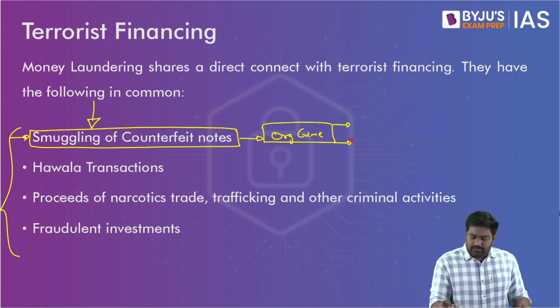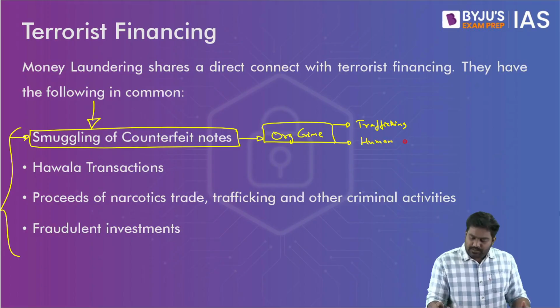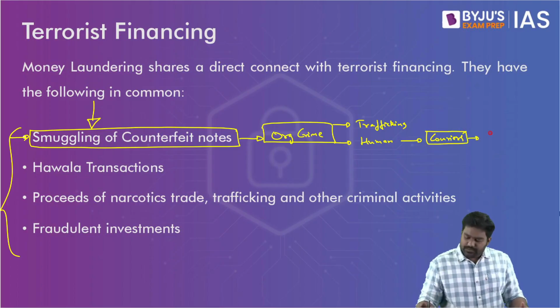Those who specialize in trafficking, especially human trafficking, can use couriers. They can use a few people as couriers and smuggle the cash out of the country.